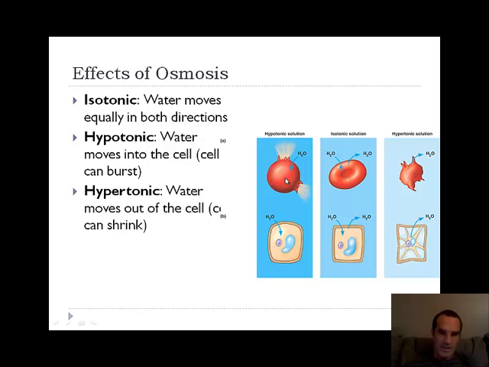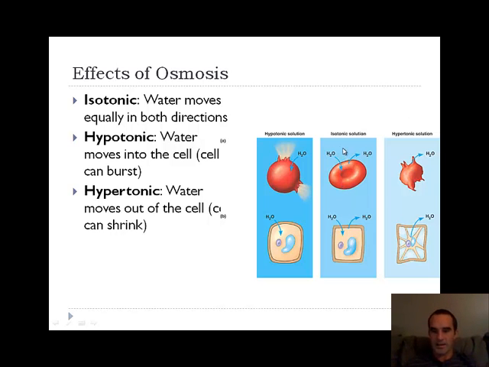Water would move into that animal cell and cause it to explode. So think of it as explode, hypotonic. In a plant cell, at the bottom, water just moves into the cell and fills it up. Because of the cell wall around a plant cell, it's just going to fill the cell up and make it a happy plant cell.